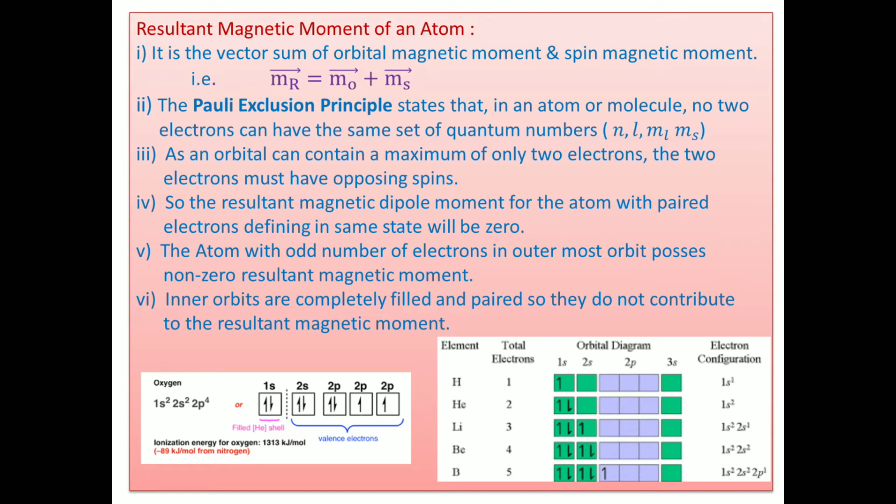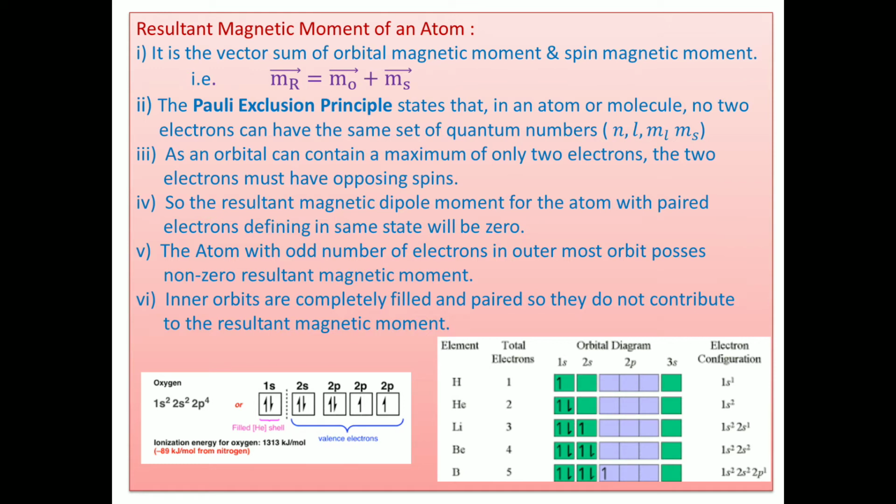This is called the spin magnetic dipole moment. So the resultant dipole moment of the electron is M r equals orbital dipole moment plus spin dipole moment. This equation is written in vector form.